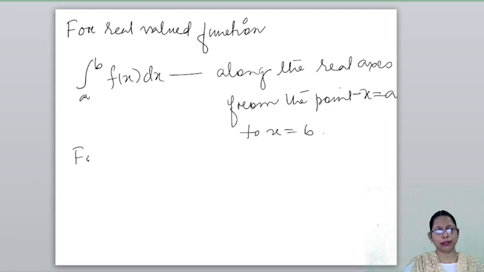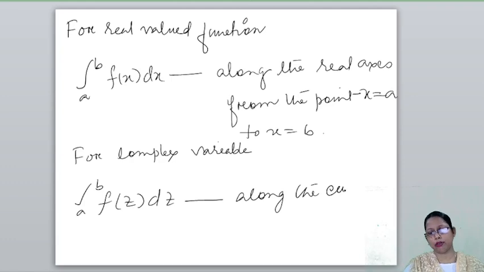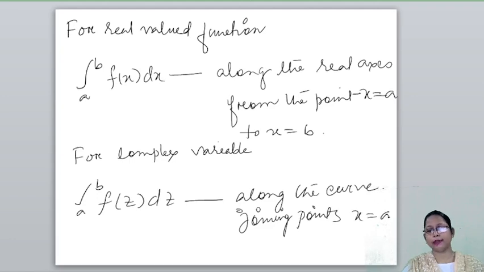But for a complex valued function, for a complex variable, the integral from a to b of f(z) dz is calculated along the curve joining the points x equal to a to x equal to b.